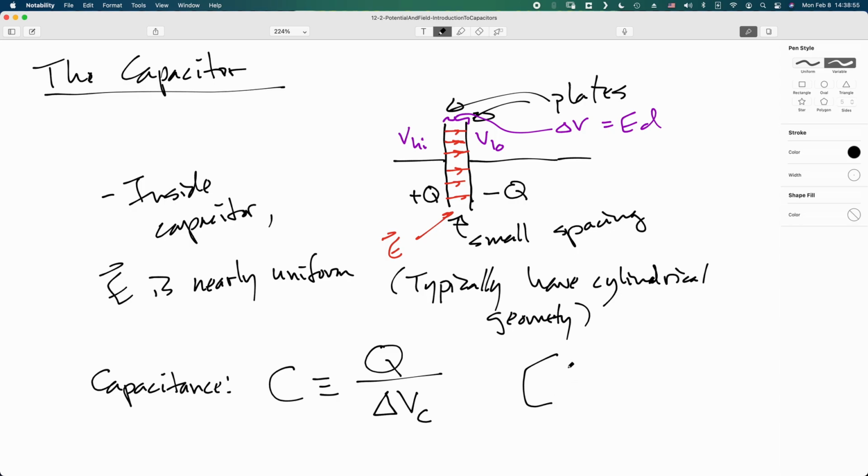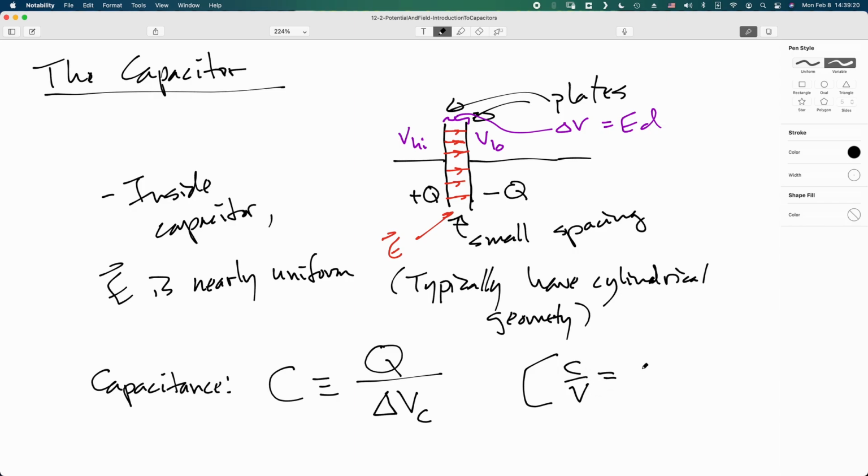So the units of this are going to be coulombs per volt. And one of the things you're going to find as we go on in electricity and magnetism is that virtually every possible way that you can multiply or divide two units will end up with a new unit name. This is a little different than mechanics, unfortunately, but it's the way it works.